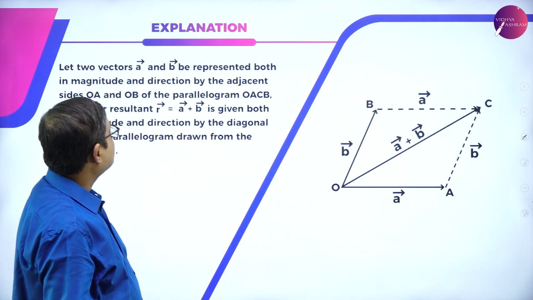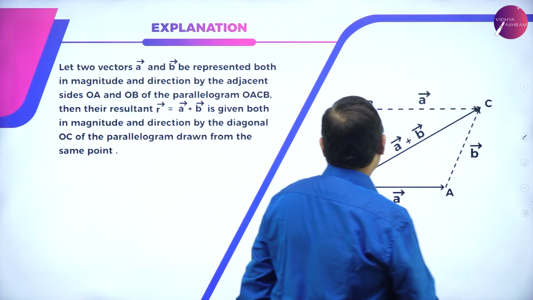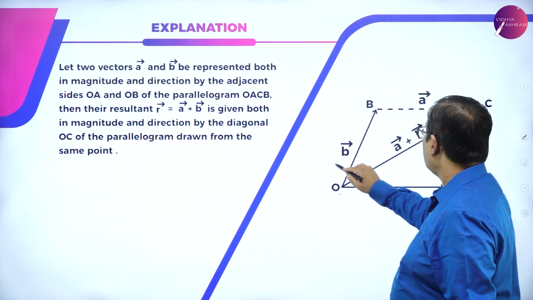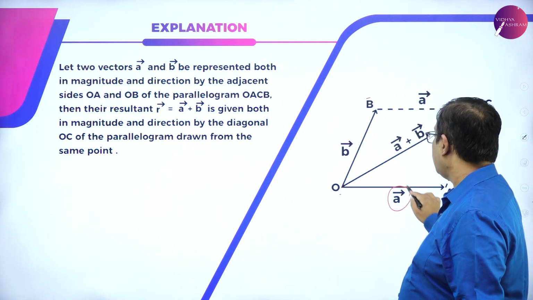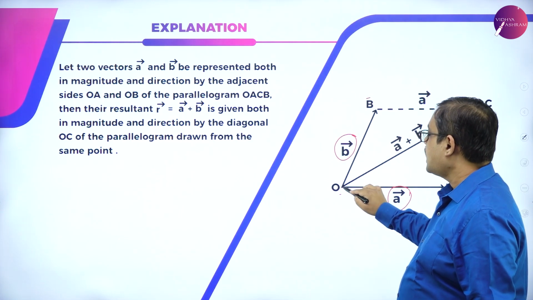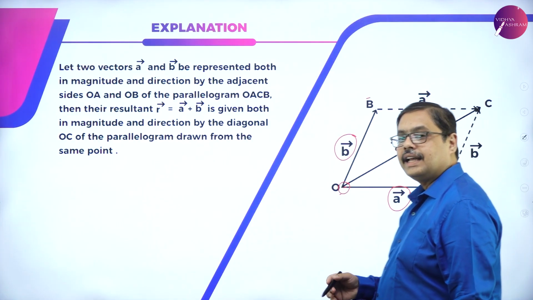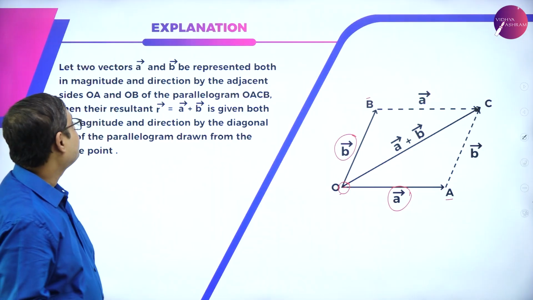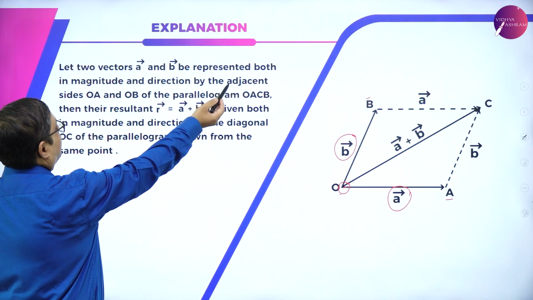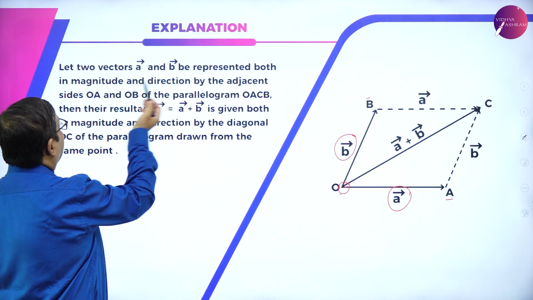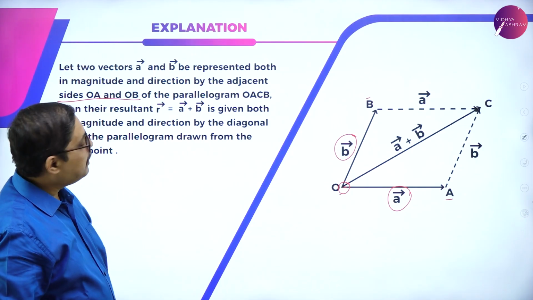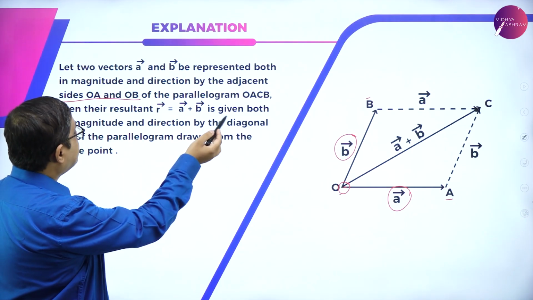Let us check this parallelogram. I have got two sides of the parallelogram, OA and OB, representing vectors A and B. They are starting from the same point. They have got the same initial point, or the same tail. Two vectors A and B are represented both in magnitude and direction by the adjacent sides OA and OB of the parallelogram OACB.